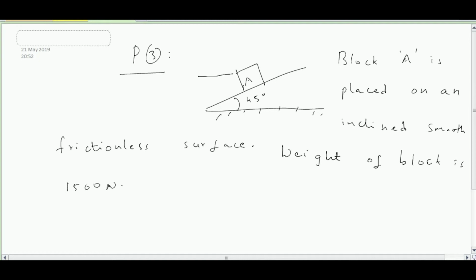So let us draw the free body diagram of the block. Weight will be acting vertically downward because weight is due to gravity.